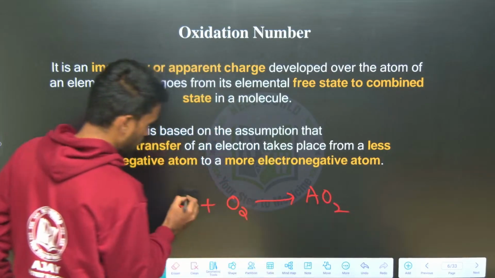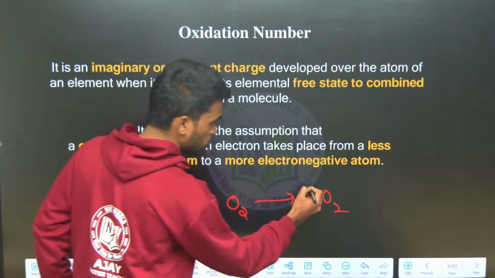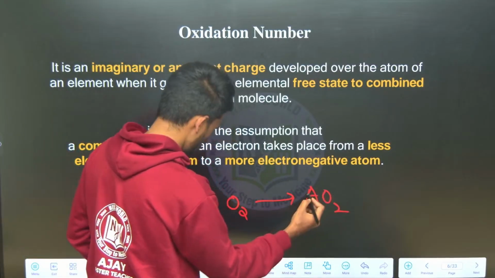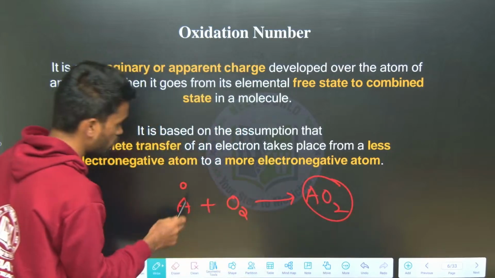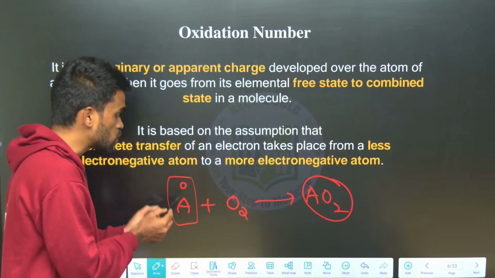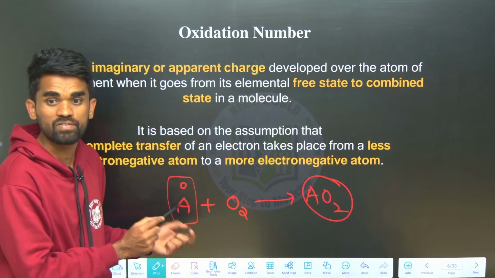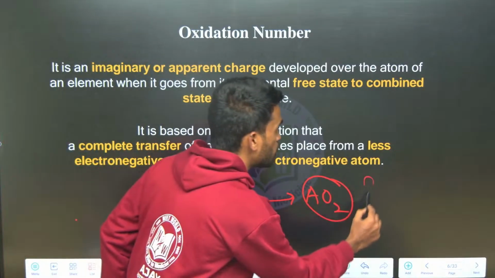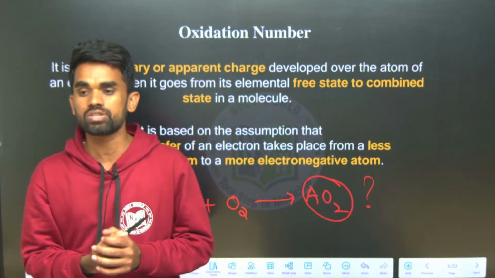So here the element's 0 converts into some charge, because it is forming a compound here. Whenever we have an element in its free state, we can say the oxidation state of that element in its free state will be 0. How much? 0.